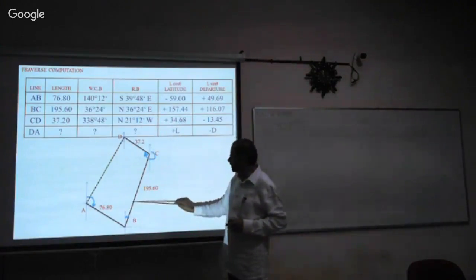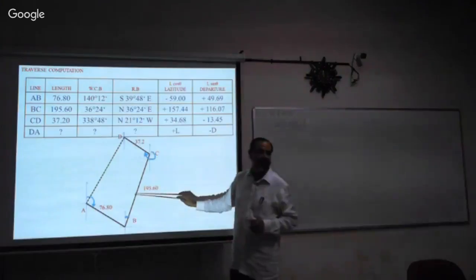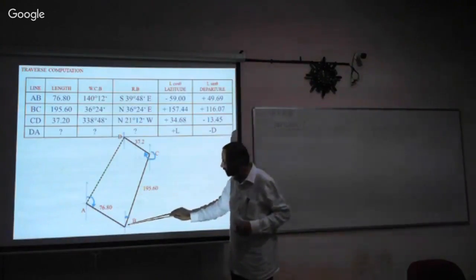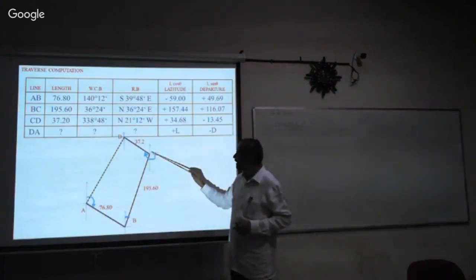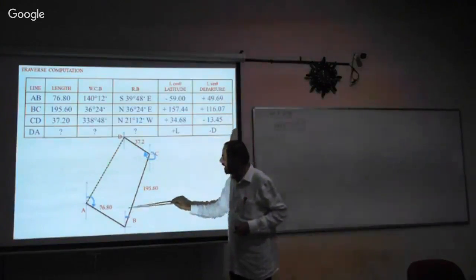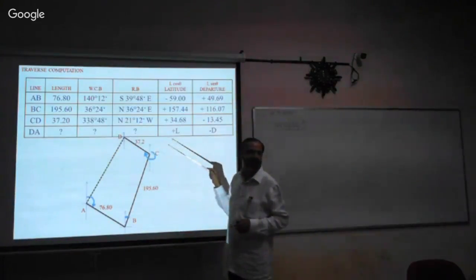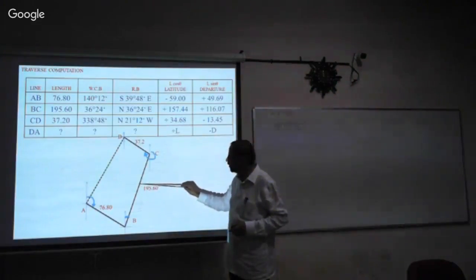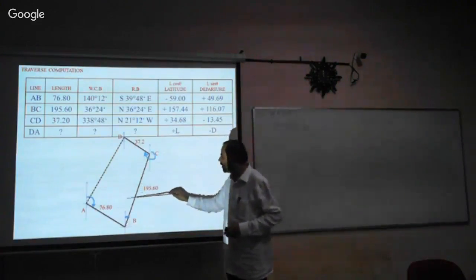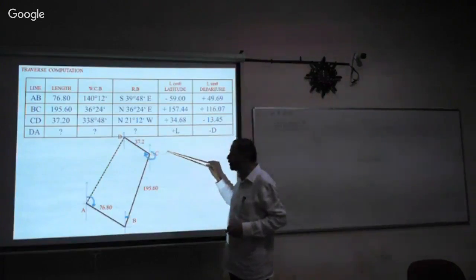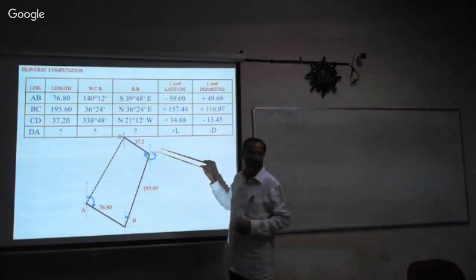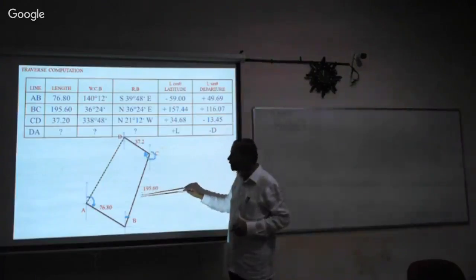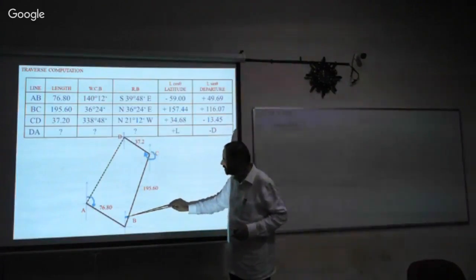Therefore, the latitude and departure of the survey line BC are measured in the north and east. The latitude is measured from north to east.